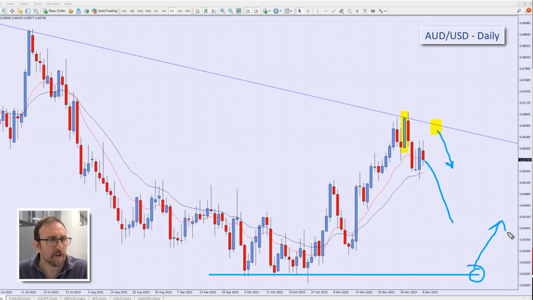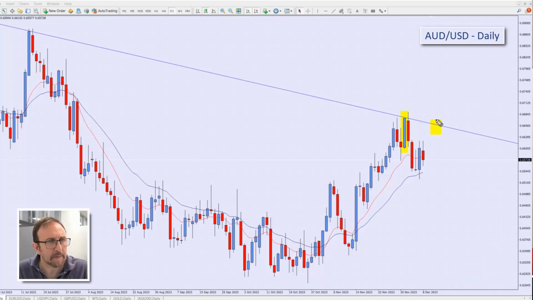All right. So for the time being, in the short term, so for the next 5 candles, 5 days, let's see if we can produce a level over here, and perhaps we may just go straight through that.